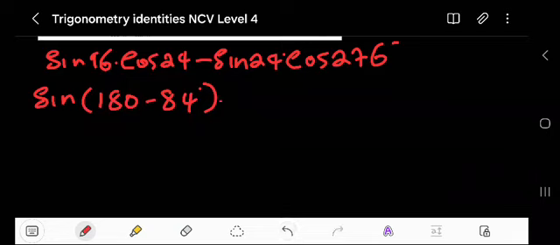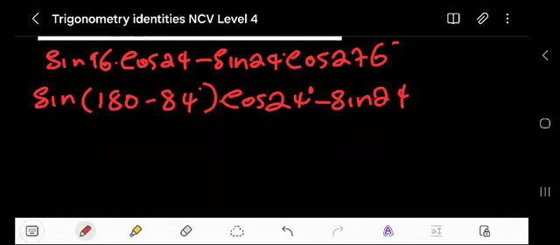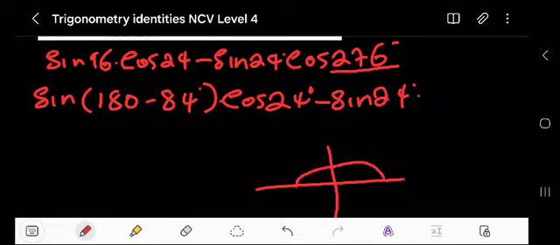Multiply by cos 24 degrees, which is less than 90, so leave it as it is. There we have minus sine 24 degrees. This is less than 90, don't reduce that. This is greater than 90 degrees, so we reduce that. In the CAST diagram, it's 90, 180, 270, but you see it's 276.